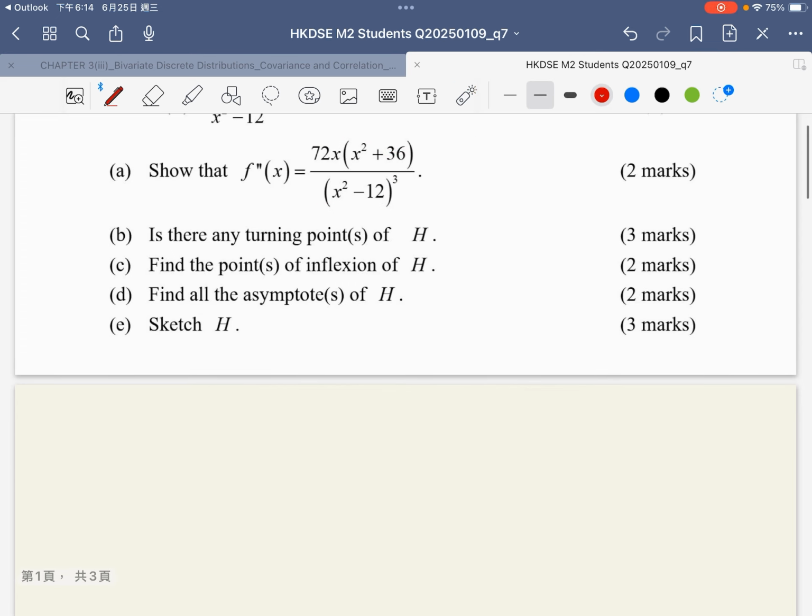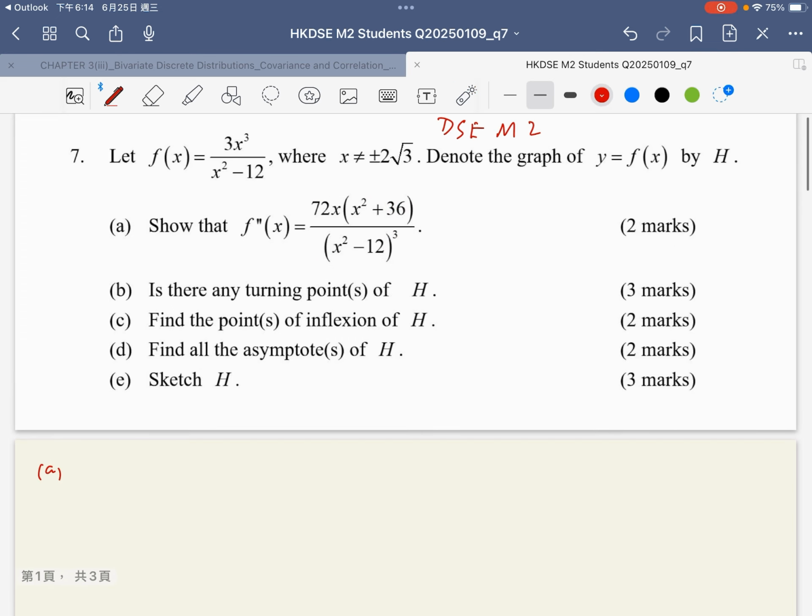I think it's better to do the first derivative first, just by the quotient formula: x squared minus 12 times the derivative of the numerator, which is 3 x squared, minus 3 times x to the power 3 times the derivative of the denominator, 2x, over x squared minus 12 all squared, and simplify.